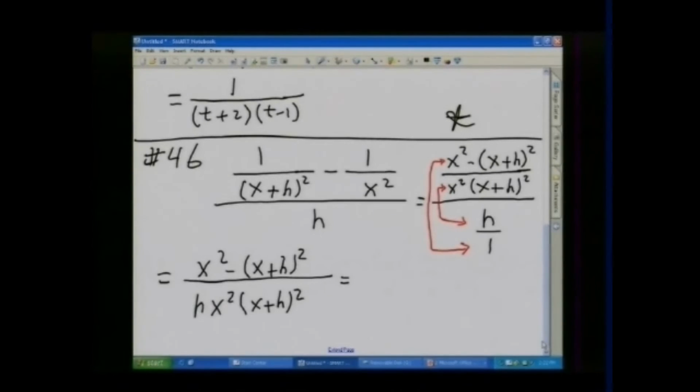In the numerator, I can go ahead and expand this h plus h squared.